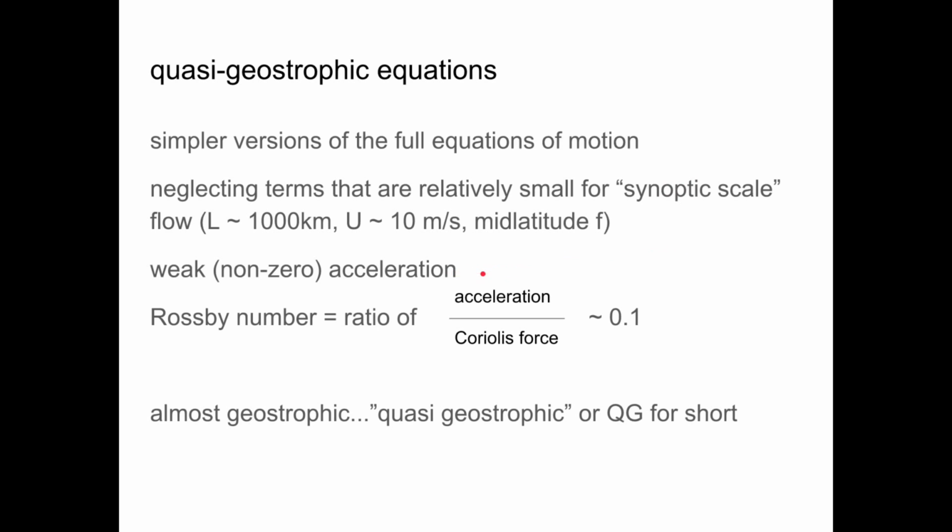So this is the case if we have weak acceleration. Okay, it's not zero acceleration. Zero acceleration would be just pure geostrophic flow. So there's some acceleration, which means there's some ageostrophic flow and some vertical motion. And so we're looking at Rossby number, this ratio of acceleration to the Coriolis force of about 0.1.